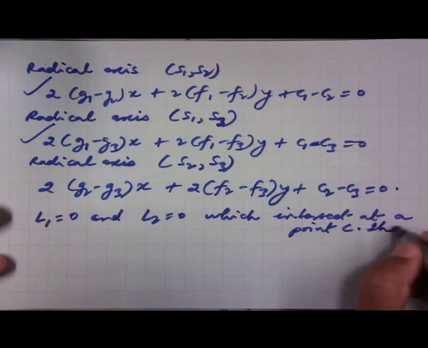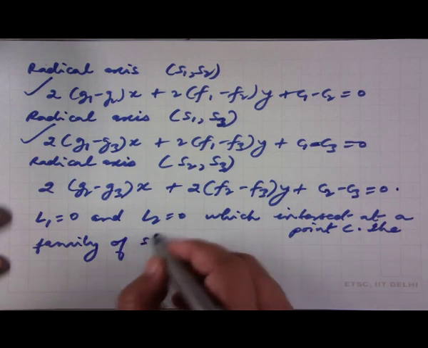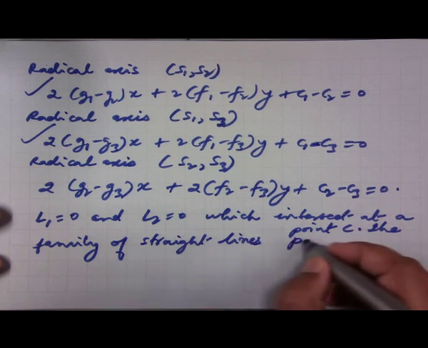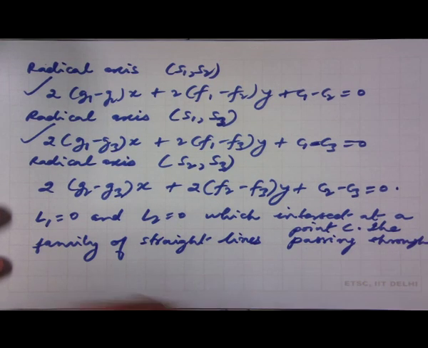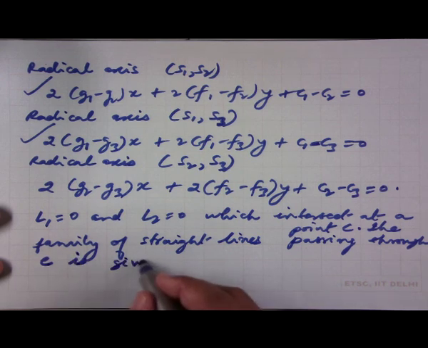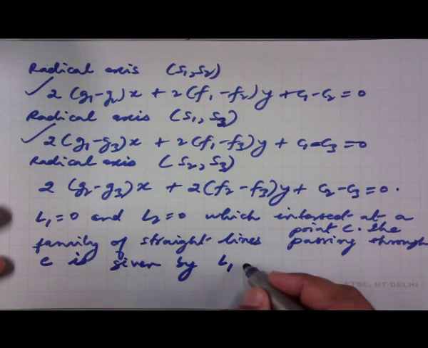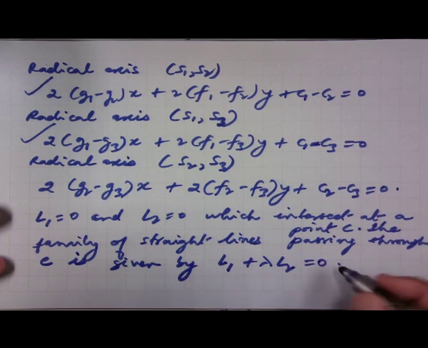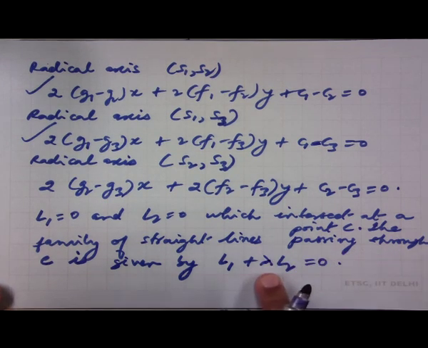Then we know that the family of straight lines passing through this point of intersection C is given by the general equation L1 plus lambda times L2 equals 0, where lambda could be any real number.